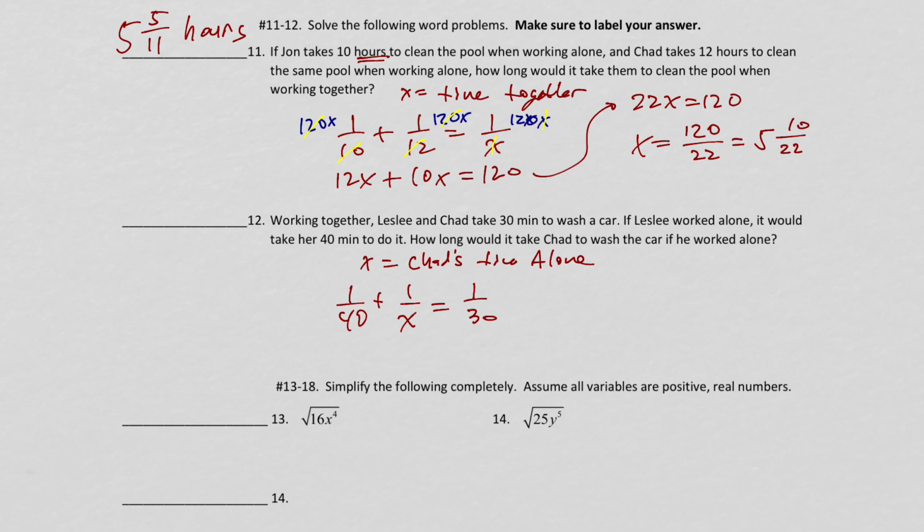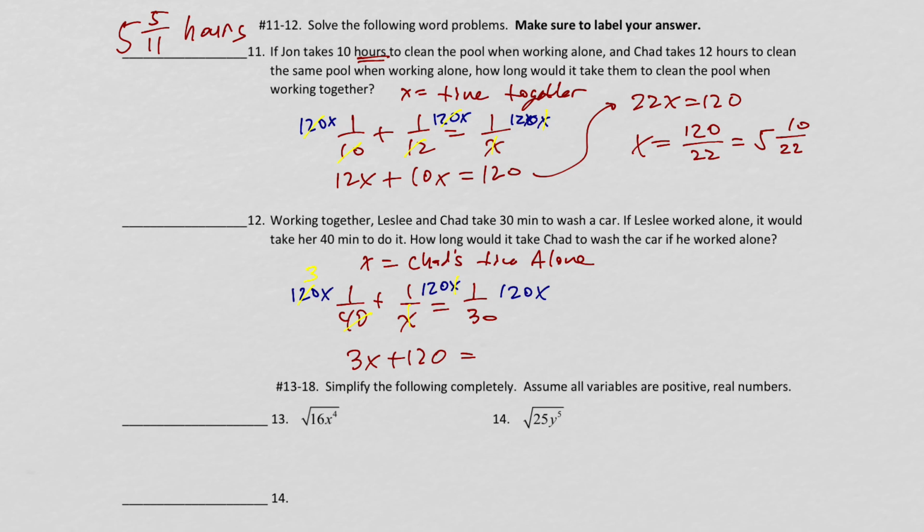Now again, the LCD is 120. Actually, I'm just going to leave it 120. You can make it 1200 if you want. So 120x. Now, 40 goes into this 3 times, so we have 3x. This x cancels, so we get 120.